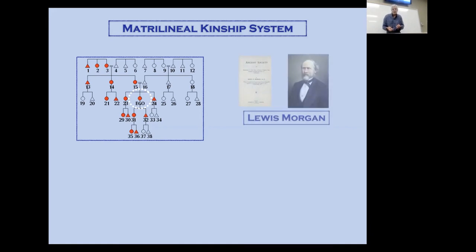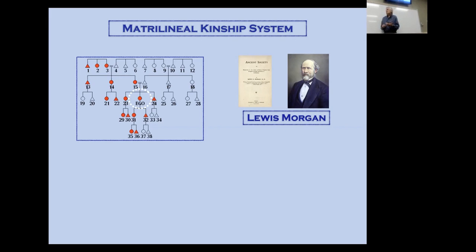But a guy, Lewis Morgan, in 1877, wrote a book called Ancient Society. And what he did was he went to live amongst the Iroquois up in the northeast of the United States. And he was amazed to see that their kinship was matrilineal, like many native groups are.